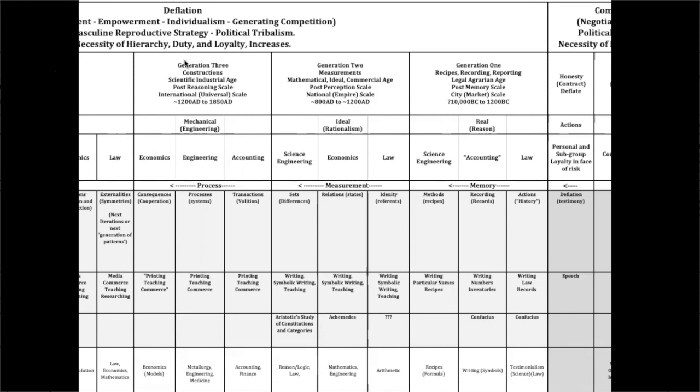Then we went to generation 3, which is the scientific and industrial age, and that got us engineering. And we went to generation 4, the algorithmic age, and that got us physical science, computer science, and cognitive science. So that's the evolution of thought in the deflationary order.